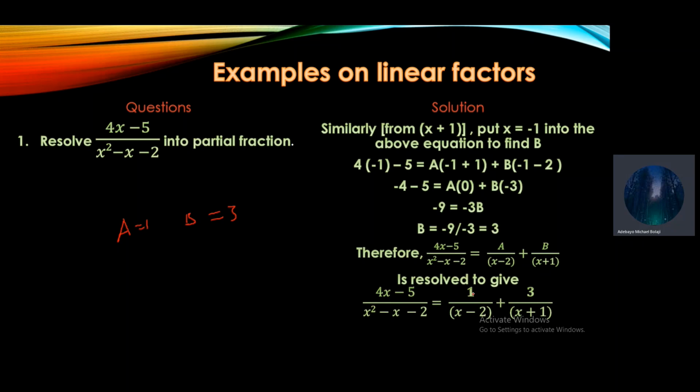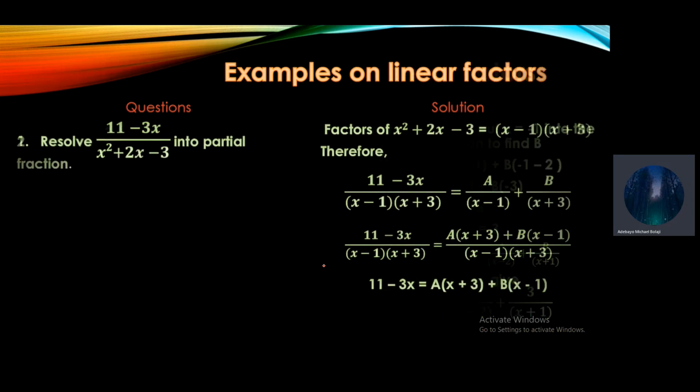So the value of A is 1. So we put 1 here and we put 3 here, and this is our final answer. We have resolved 4x minus 5 over x squared minus x minus 2 to give this. Is that okay?